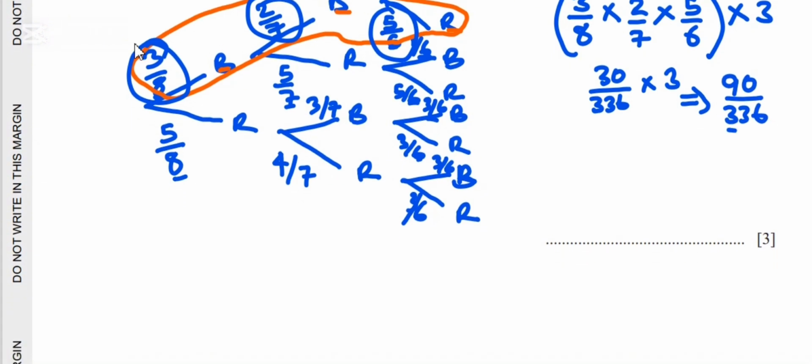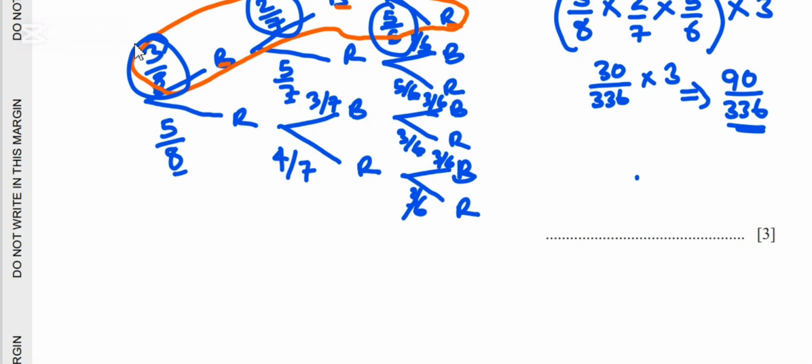This is actually the probability, but we need to write it in its lowest terms by dividing by 6. So 90 divided by 6 is 15, over 336 divided by 6 is 56. So this is the probability of getting 2 blue pens and 1 red: 15/56.